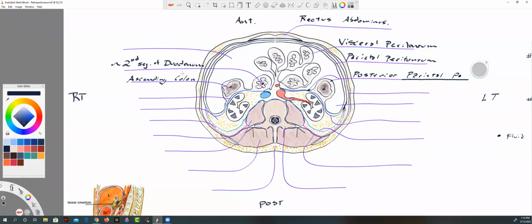So the duodenum, second, third, and fourth segments, basically as it's going around the turn.